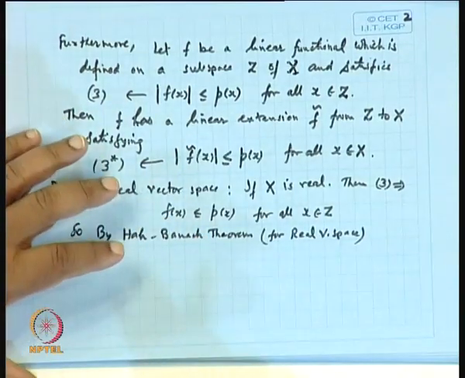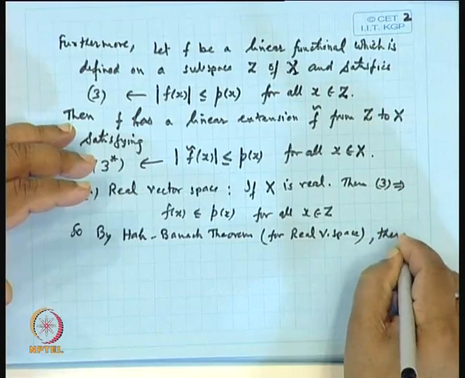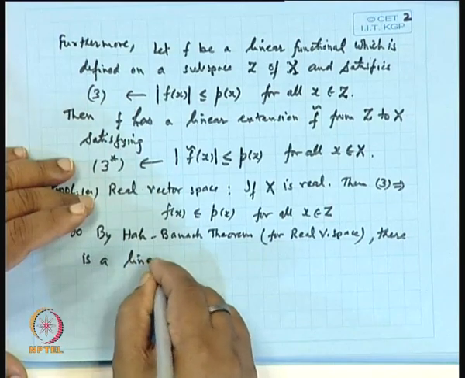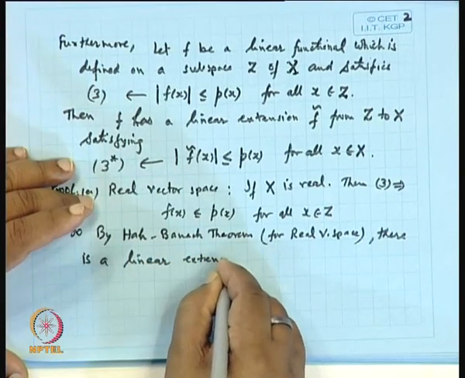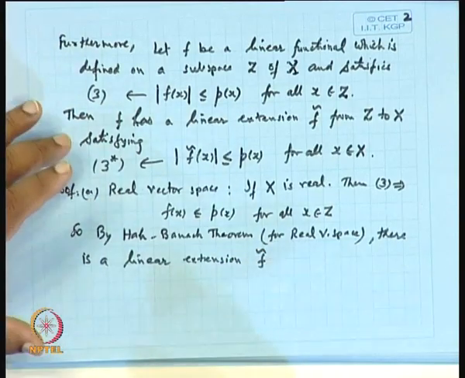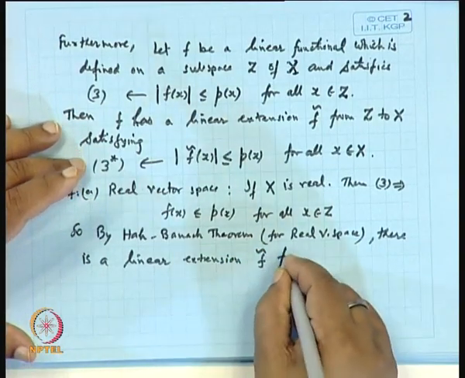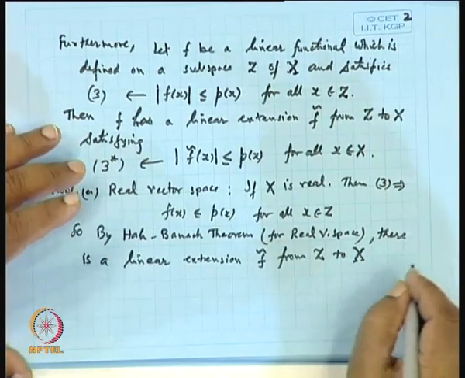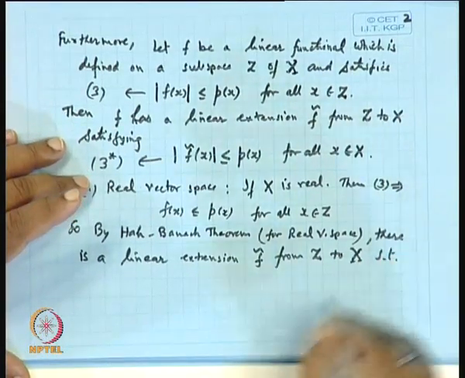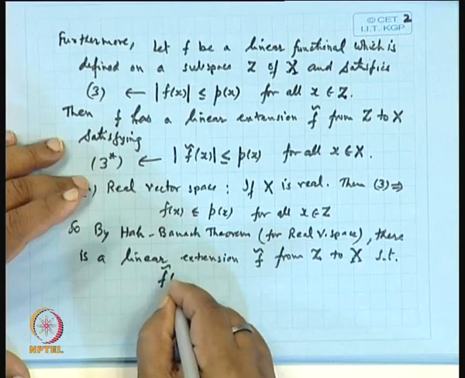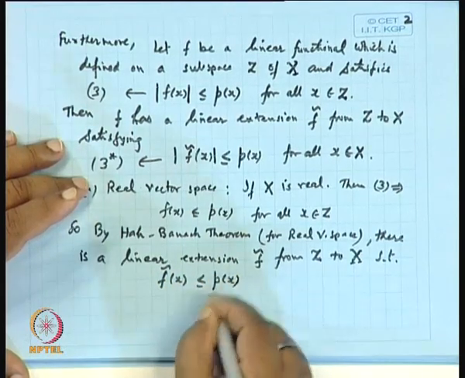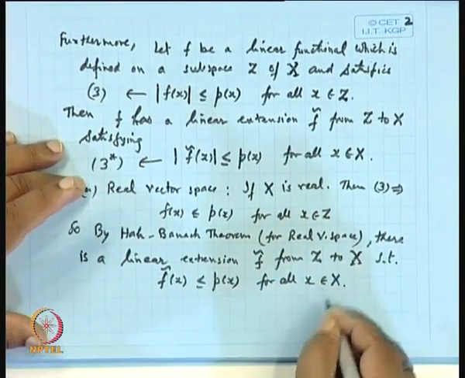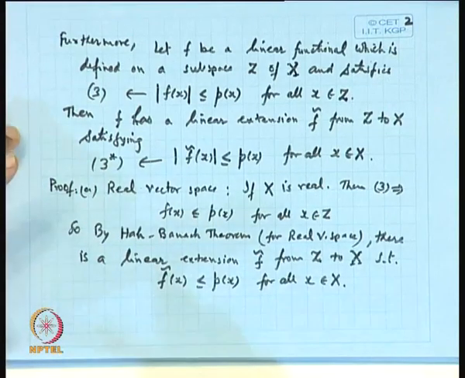So, by the Hahn-Banach theorem, there is a linear extension f delta from z to x such that f delta x is bounded by p x for all x belonging to capital X. Okay. So, this part is clear.